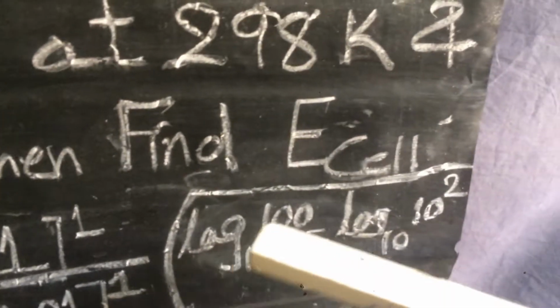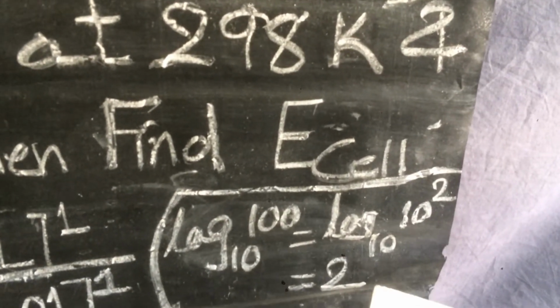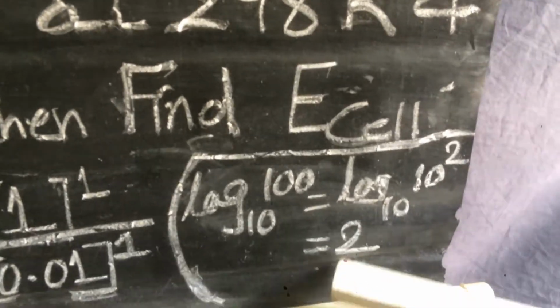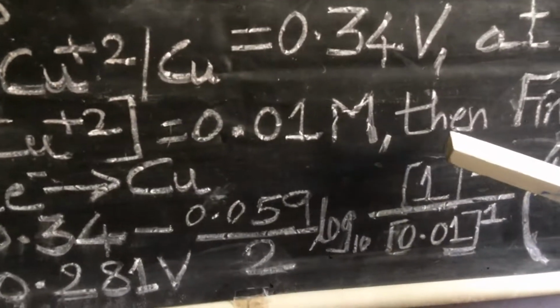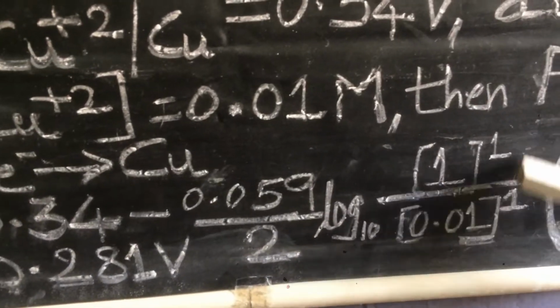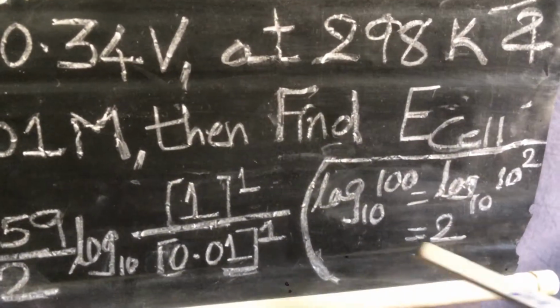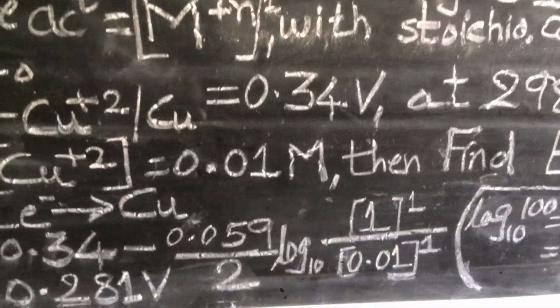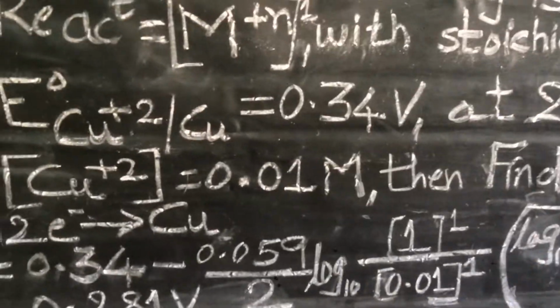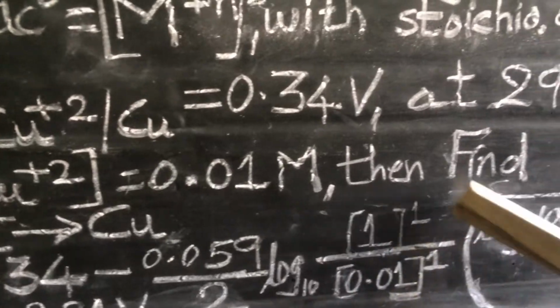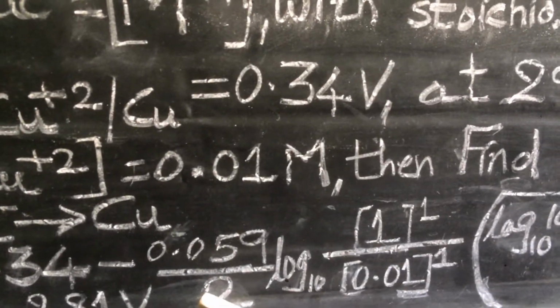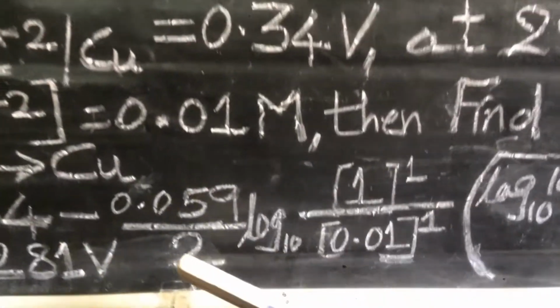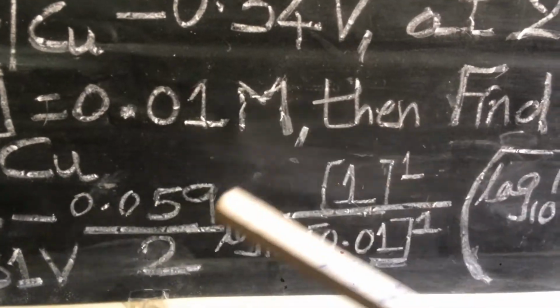That means log of 100 to the base 10 has the value 2. Putting this 2 here, this whole value is now 2. So this 2 and this 2 we will cancel. 2 in the numerator, 2 in the denominator will be cancelled.